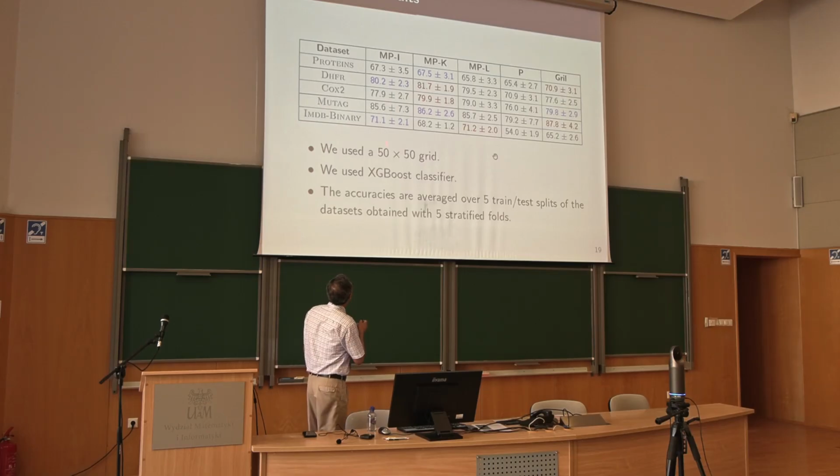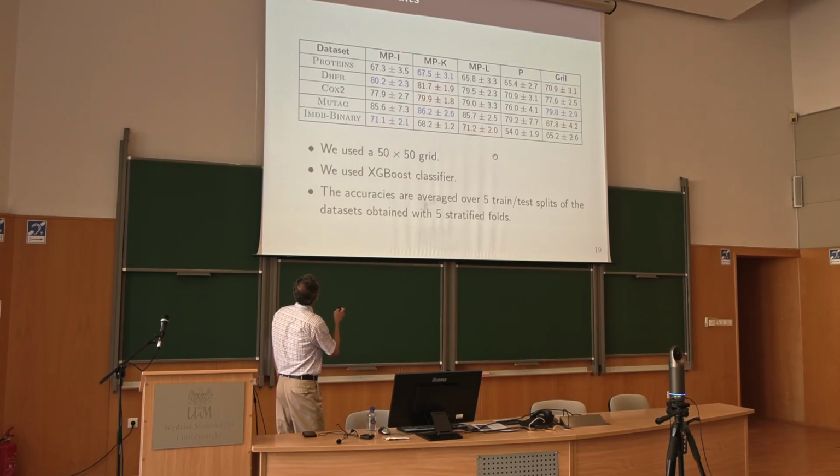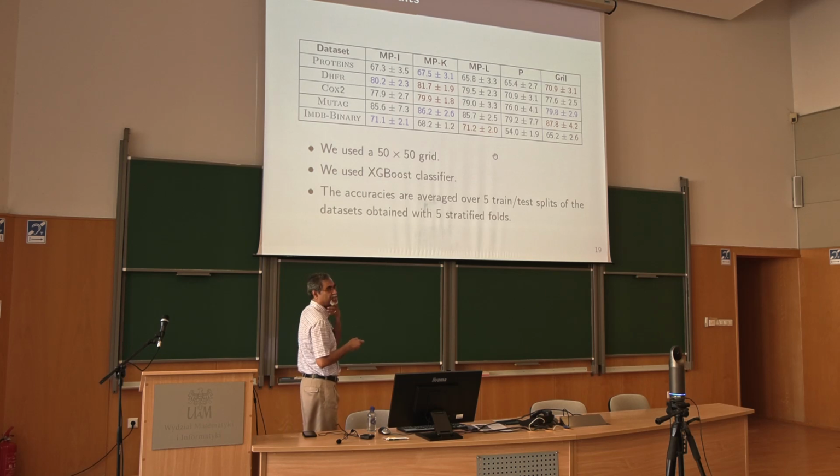So these NP1, NPK, NPL are multiparameter-based classification algorithms by others. These are the 3, and we are comparing them with our grid. Whenever you see red, that is the best, and blue is the second best. Green is doing a good job, but again, I cannot claim that it does the best all the time.